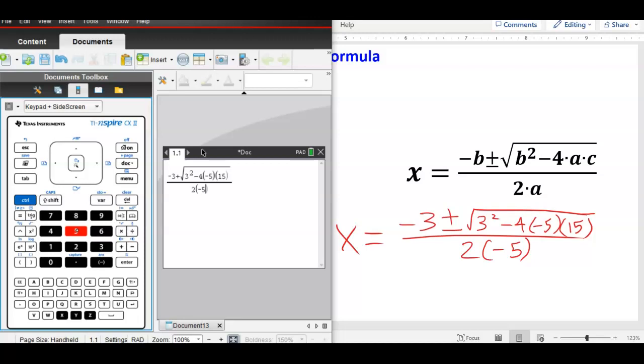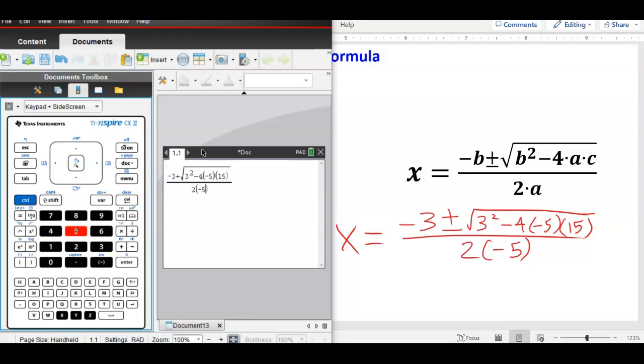Everything plus square root. Control x squared. Just type it, you don't hold down. Okay. 3 squared minus 4.